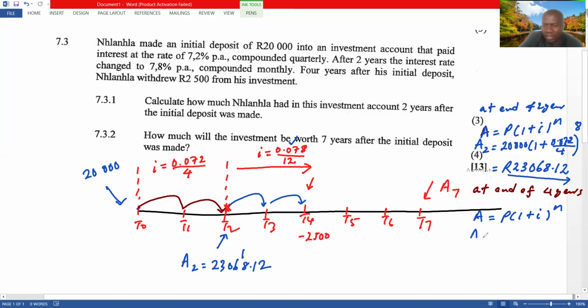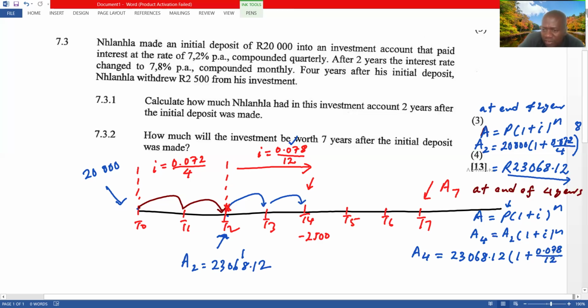Then we want the amount at the end of 4 years. This P will not be the amount at the start; we're going to use the amount at the end of 2 years, because we know that at the end of 2 years, Nhlanhla will be having this. So at the end of 4 years, the amount will increase. So A4 equals A2, which is 23,068 rand and 12 cents, plus, now the interest rate has changed, it's now 0.078 over 12.